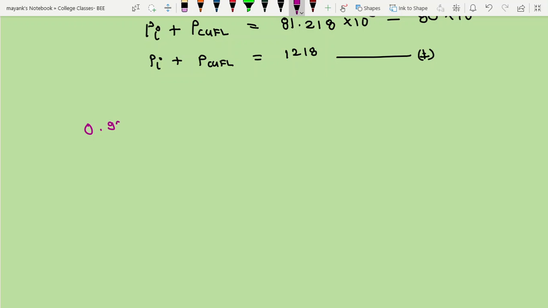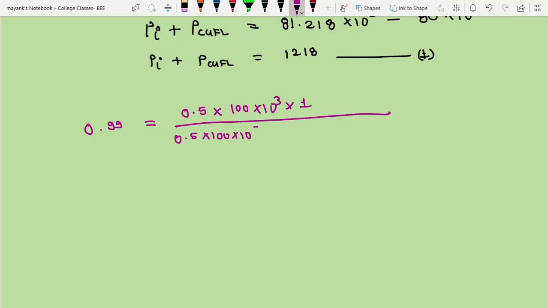So 0.99 is when the load is half, that means x is 0.5 and power factor is unity now, so it is 100 kVA. Power factor is 1. Simple. Your basic approach is that you will have to solve that question with the help of such formulas. Here Pi is Pi but x square here, so 0.5 square copper losses at full load.